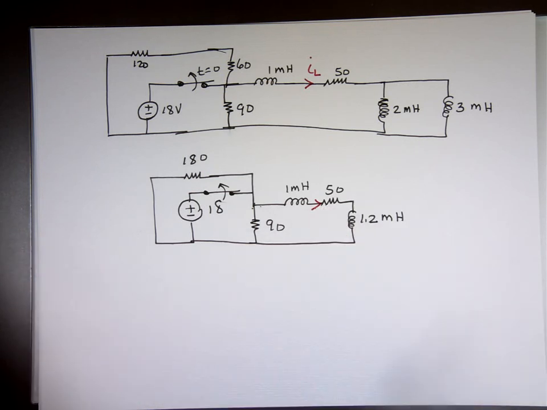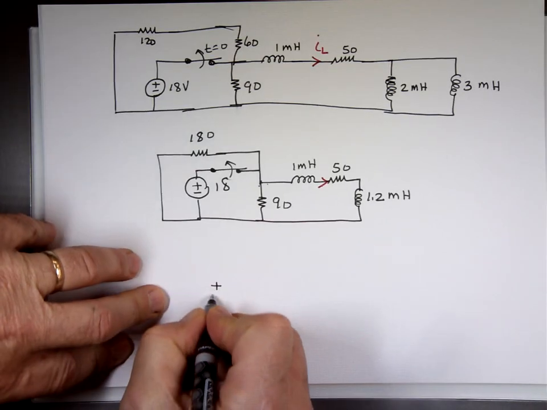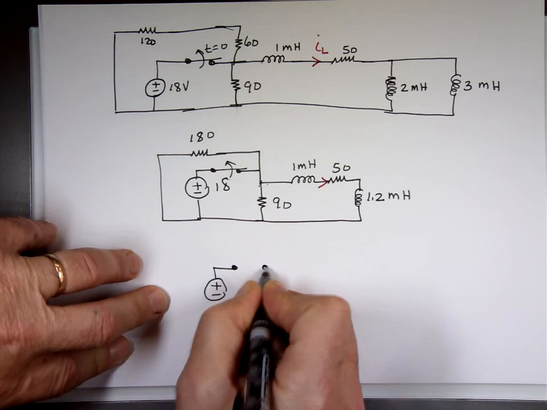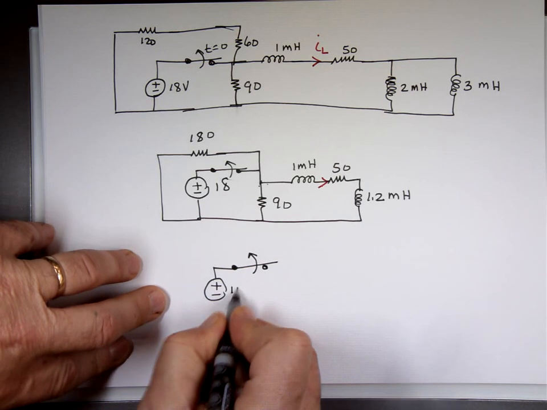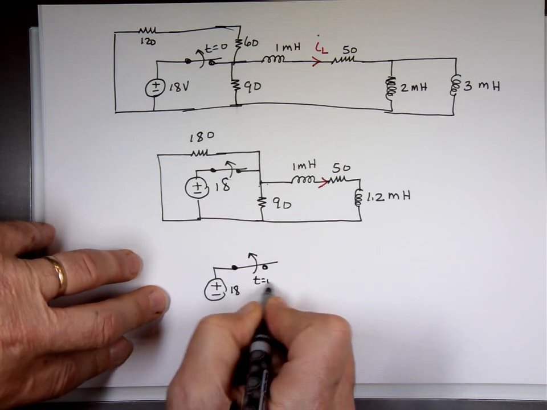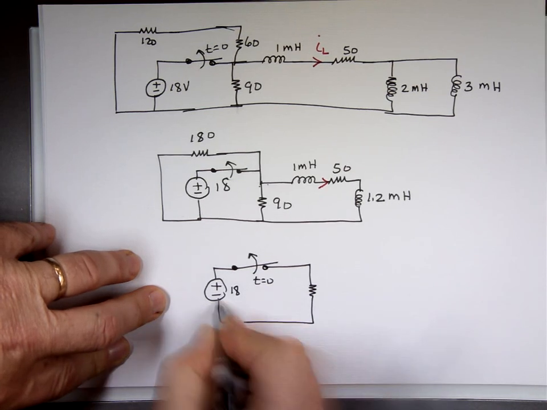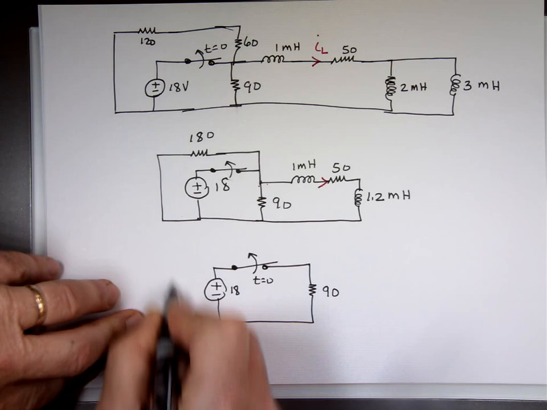So I can even simplify it one more time to make it less ugly. This is t equals 0. 180.